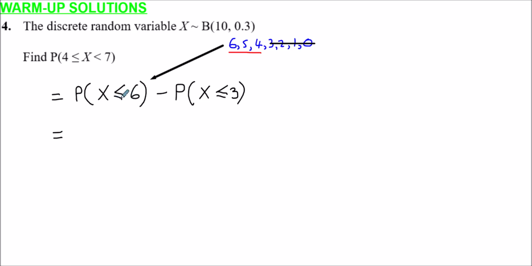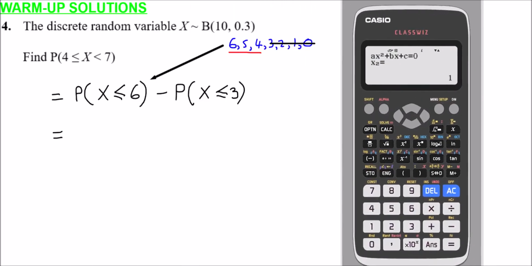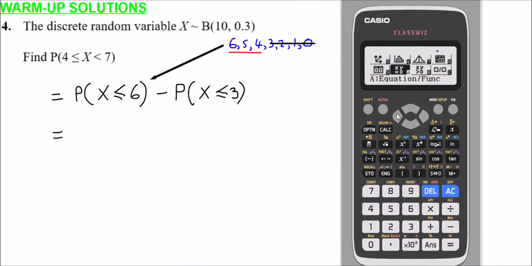Because this has got inequalities in it, we're going to use the binomial CD function, which I'll show you here. So we press menu, we're going to press 7 for distribution. We're then going to scroll down to binomial CD and press this. Go for variable, option 2.